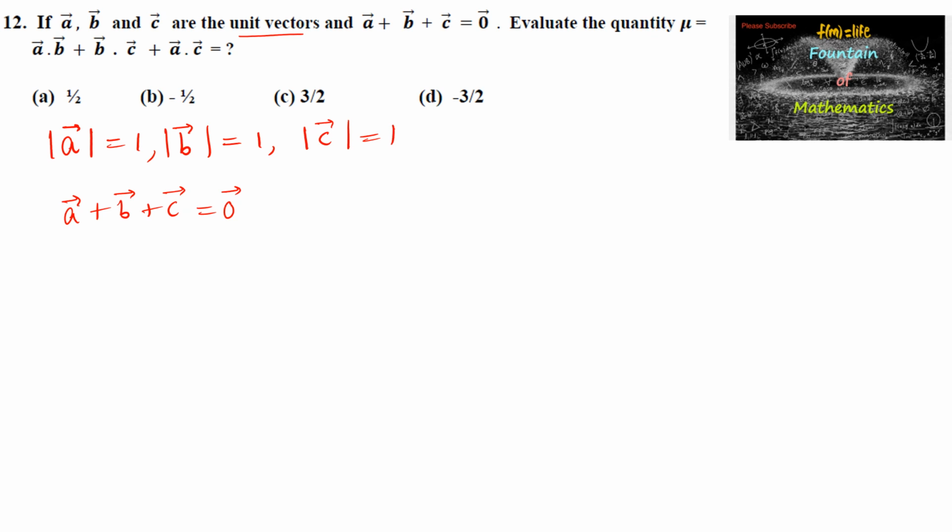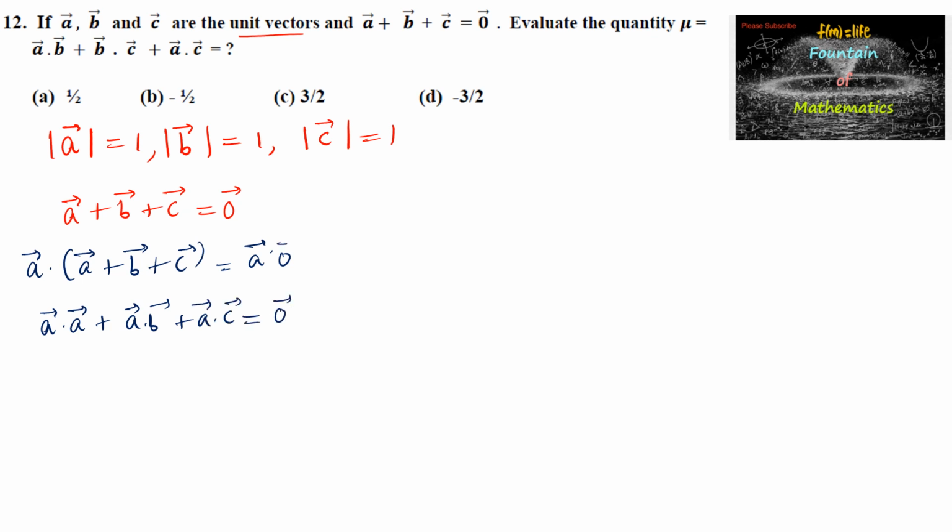Let us apply the dot product with A first. A dot of A plus B plus C is equal to A dot of 0. So we can write A dot A plus A dot B plus A dot C is equal to 0.